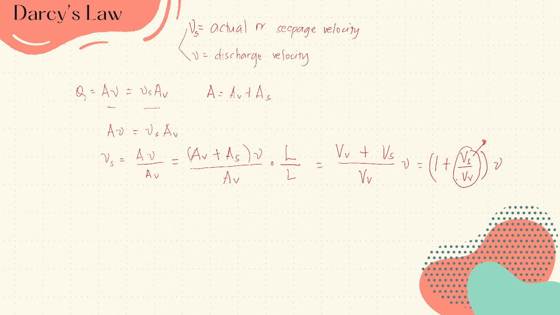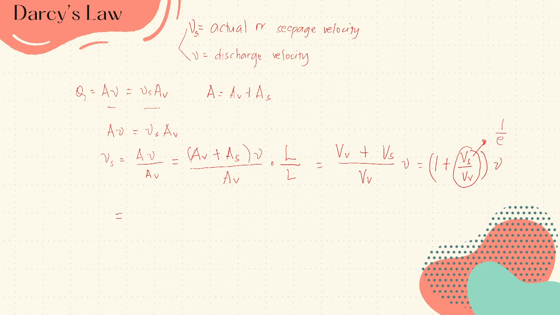And this will look familiar to you, of course, in our soil mechanics. This is equal to the void ratio, the reciprocal of the void ratio, 1 over e.